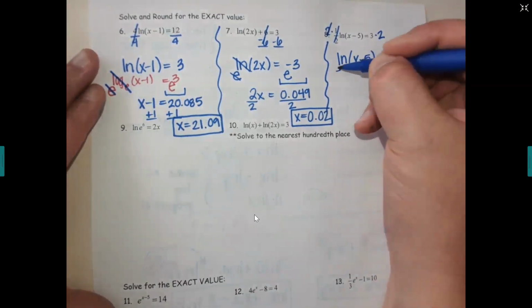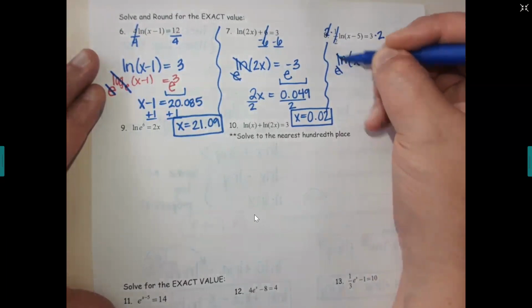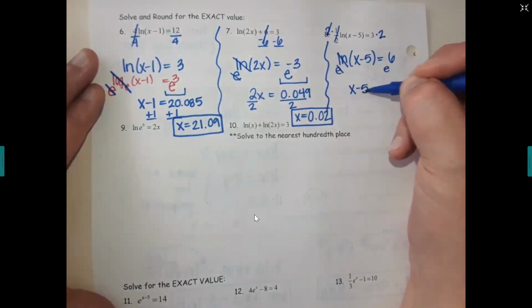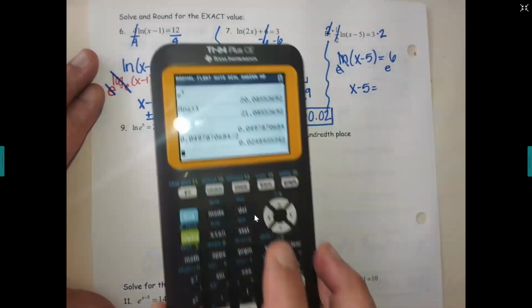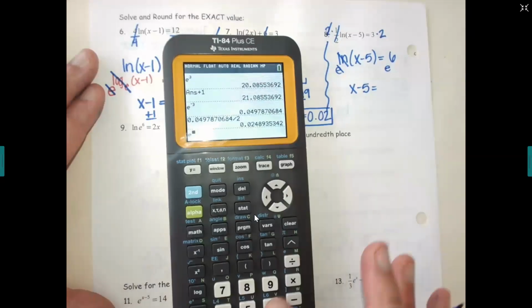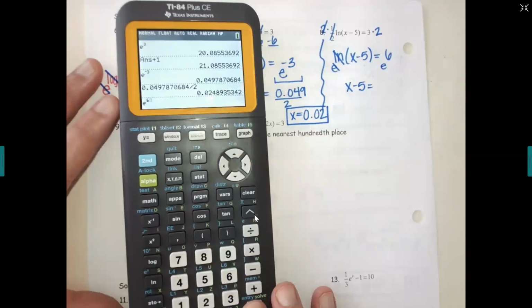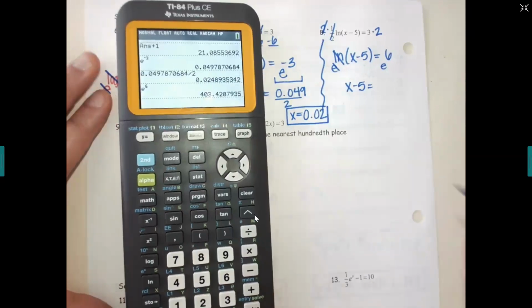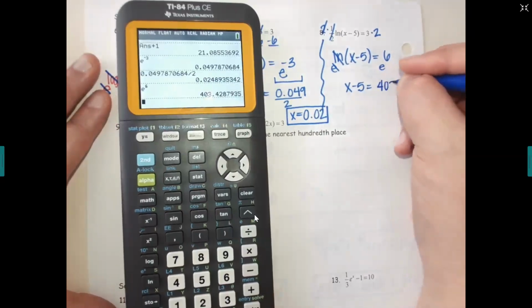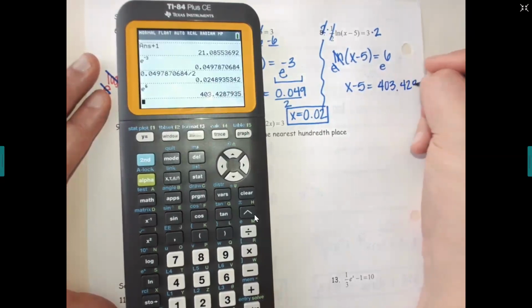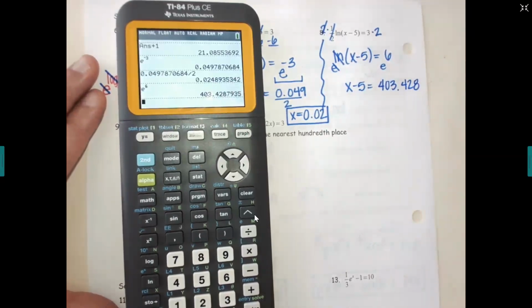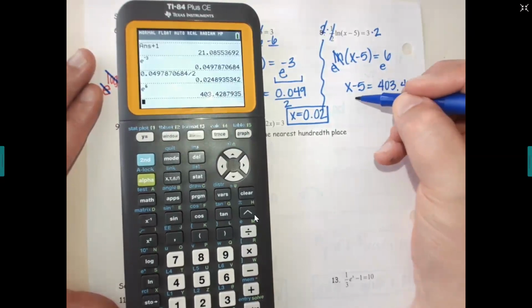Use a big e on both sides. So find what e to the 6 is for me, please. So it'd be e up to the 6. Comes out to 403.428. And then what do I do with the minus 5?